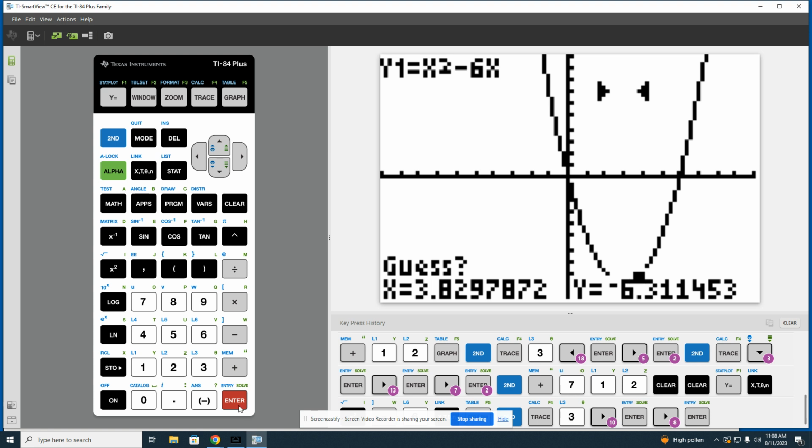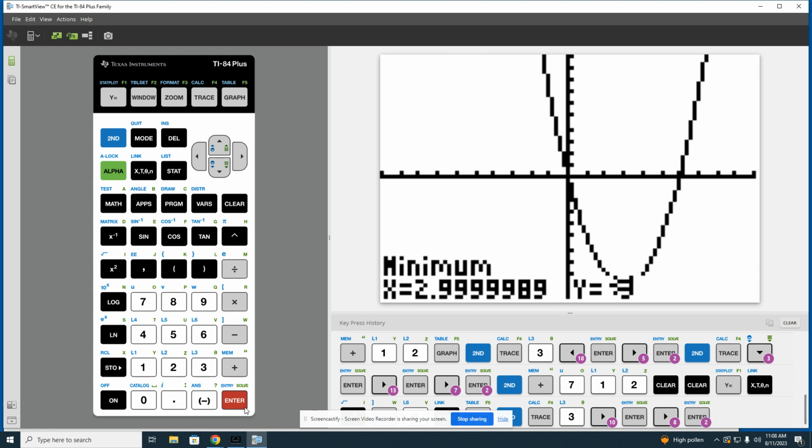You're going to push enter one more time, and you're going to write your answer as what we call an ordered pair. What is the minimum for this function? What's the x value?